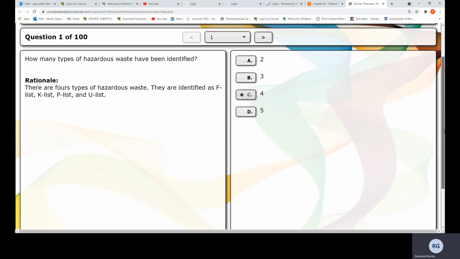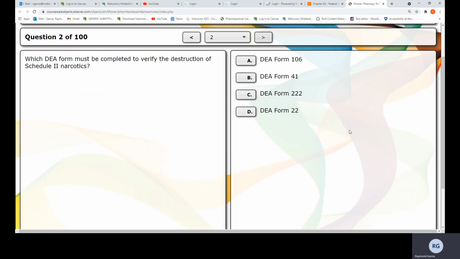So the next one. Which DEA form must be completed to verify the destruction of Schedule 2 narcotics? I know the 222 form is to order narcotics and to send narcotics back.